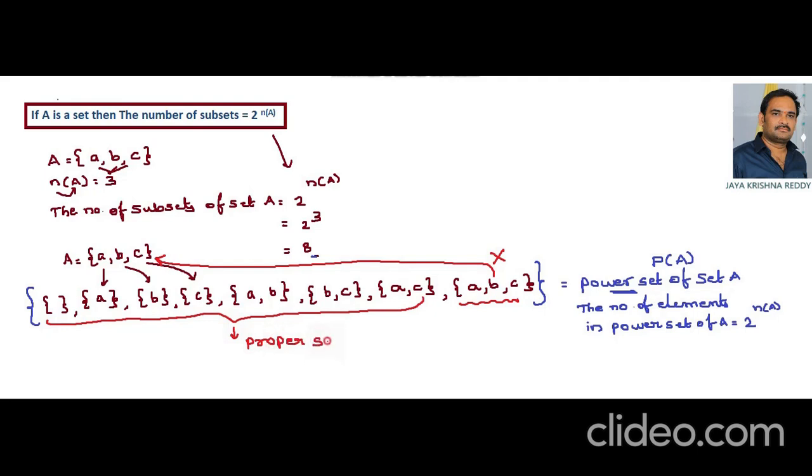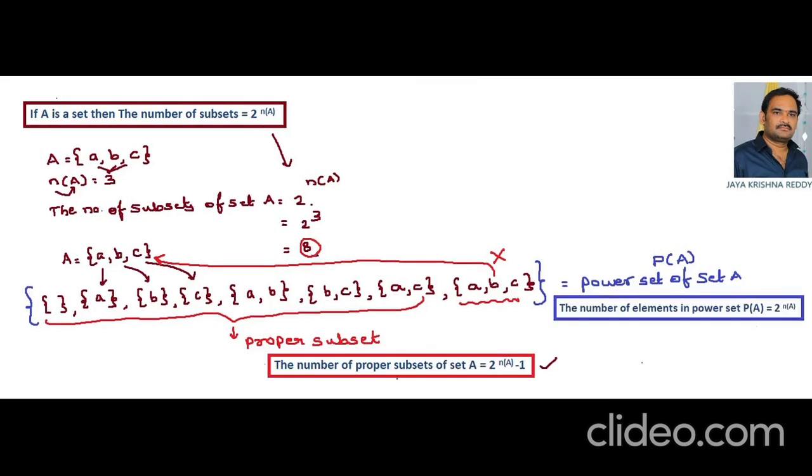From the 8 subsets, we have to remove the one that is exactly equal to the given set, and the remaining subsets are called proper subsets. The number of proper subsets of set A equals 2 to the power of n(A) minus 1.